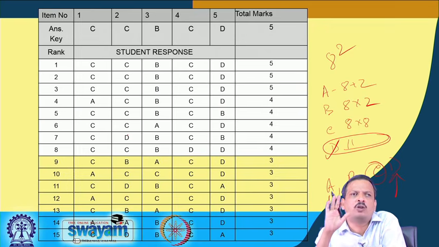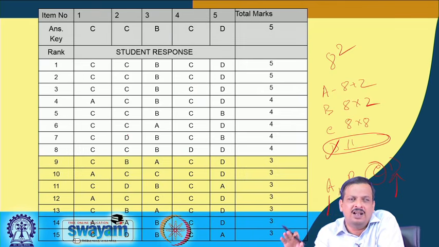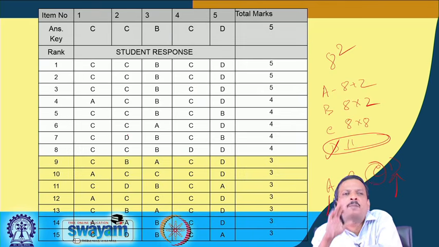If it is a good distractor, it will be chosen by most of the lower group students. My aim in providing a distractor is that the lower group students should be distracted more and the good students, the upper group, should not be distracted.